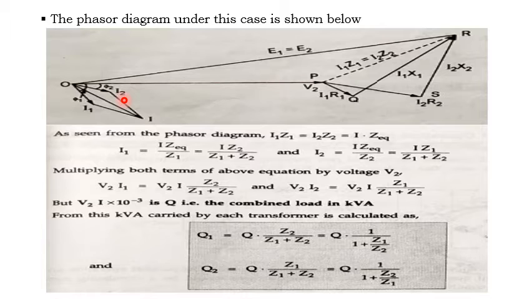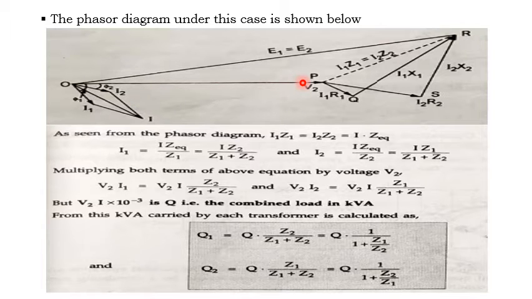Obviously a small current flows under no load condition, so its magnitude is small. We consider the winding inductive, so in this case the current lags the voltage. Since I draw this phasor below the V2 phasor, the I2 current lags the V2 voltage.